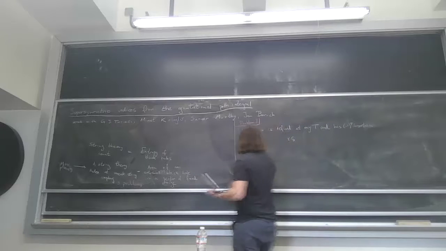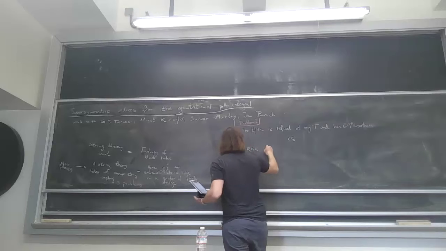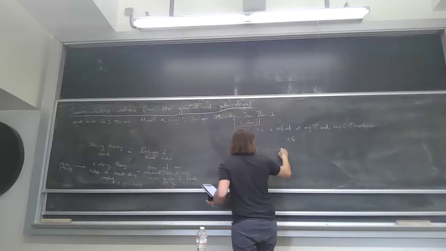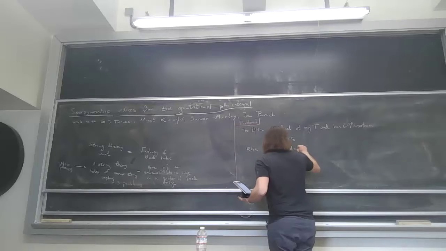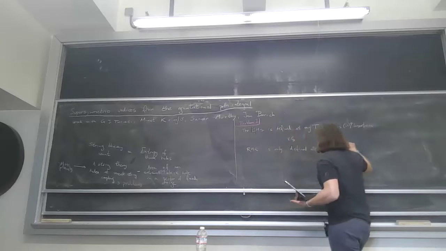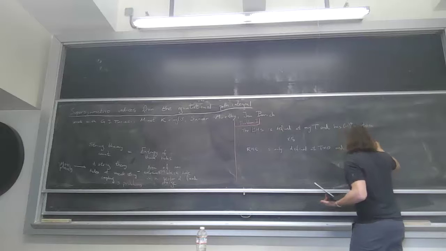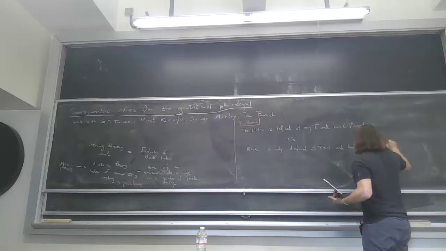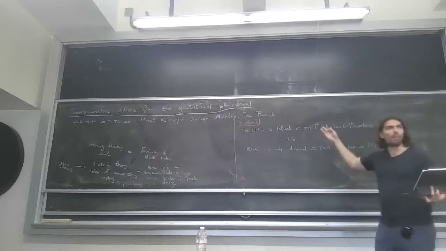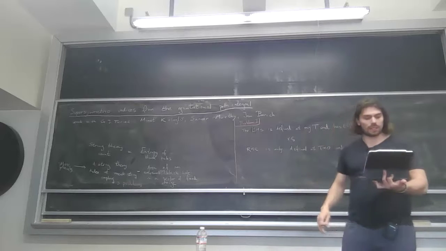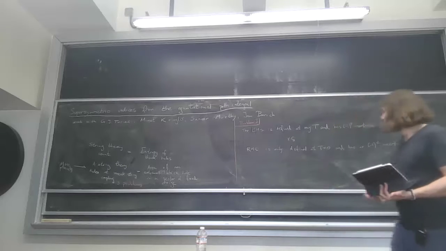On the other hand, the right-hand side is only defined at T equals 0, and has no (-1)^F insertion. And it's also not protected. So why are we matching a quantity that's protected to something that's not?